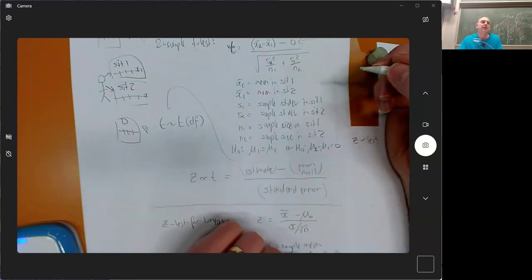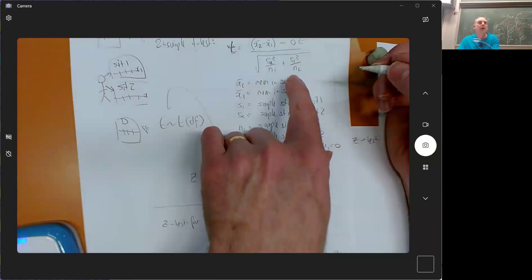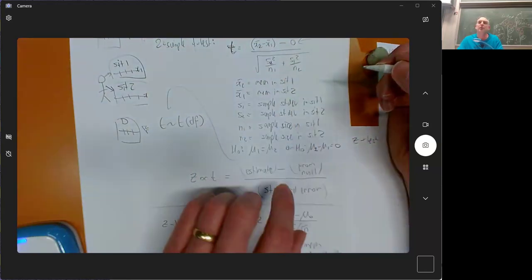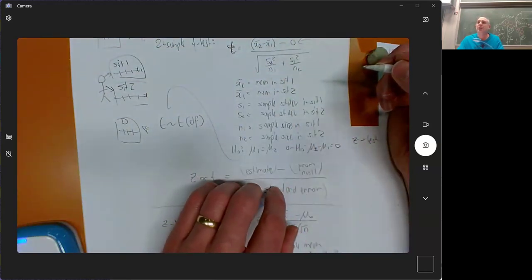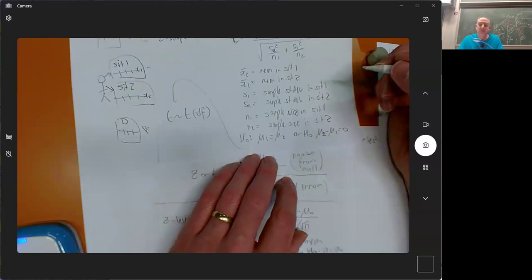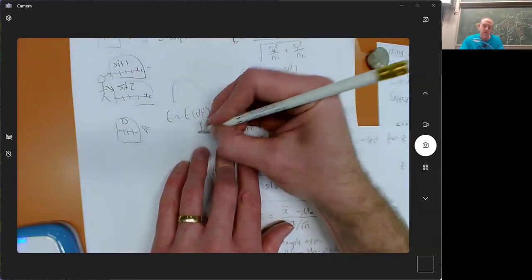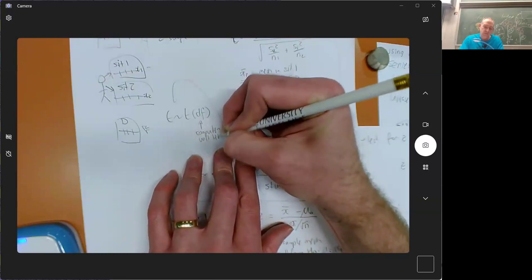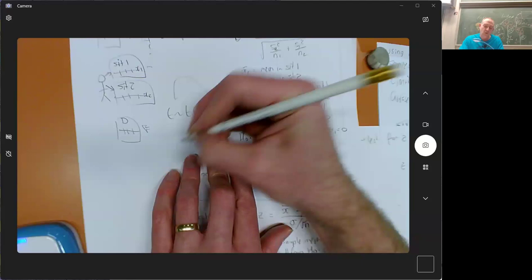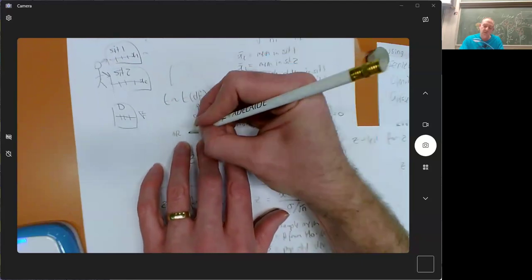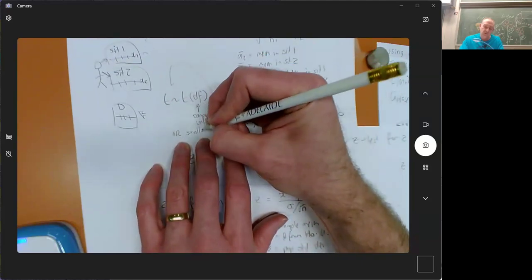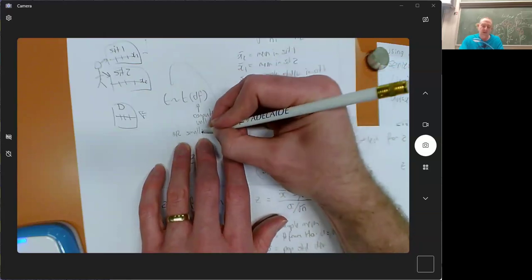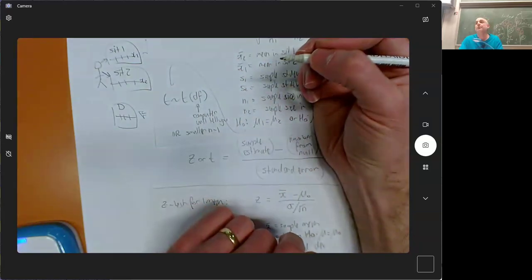Though at a pinch, you can just pick the smaller of N1 minus 1 and N2 minus 1. Is that what they said in this course? So the computer will tell you, or choose the smaller N minus 1 out of the N1 and the N2.